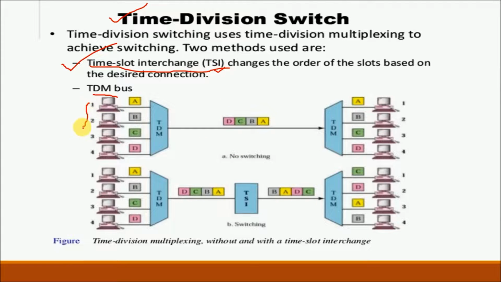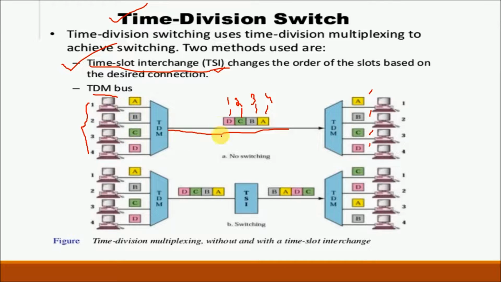Suppose all these are the four stations, and through a channel we want to communicate with four other stations. Now the packets will be sent in different time slots. This is the first time slot, second time slot, third time slot, and fourth time slot.